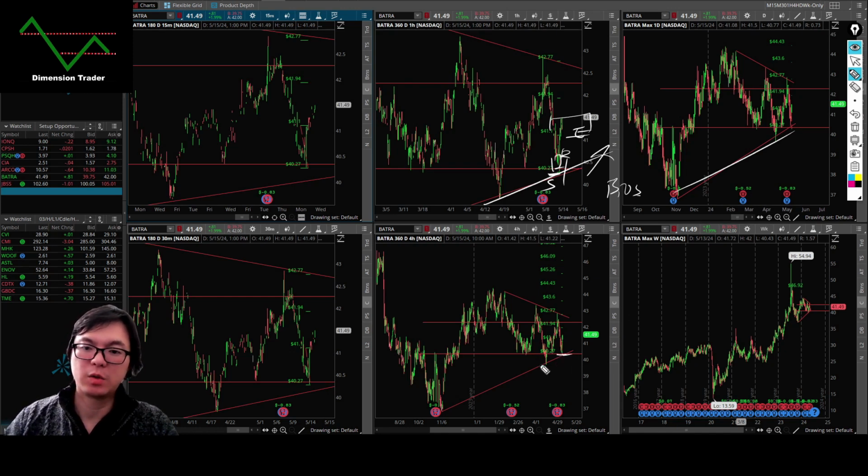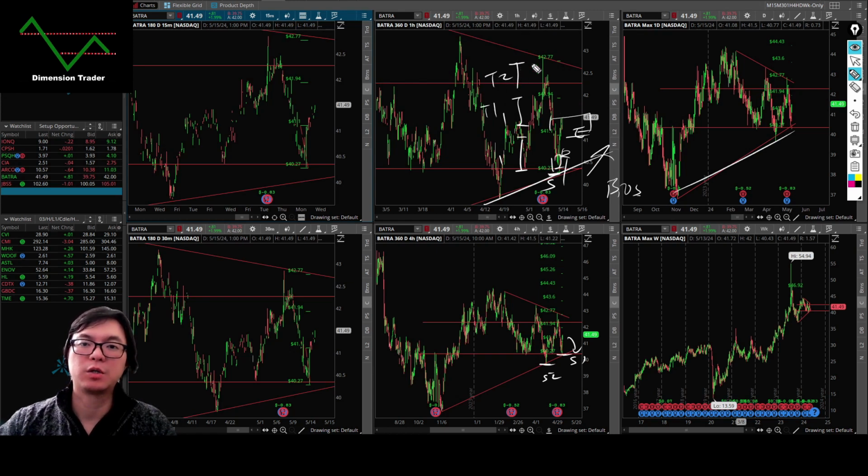For a safer side, you can also put it down here. So your stop 1, stop 2 depends on how much tolerance you can take if the price goes against you.